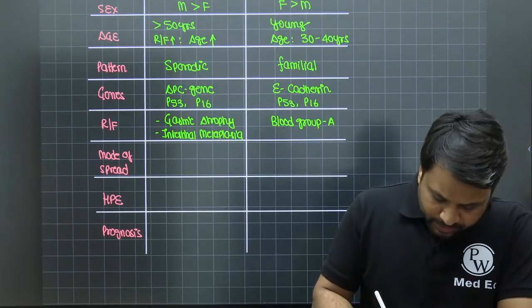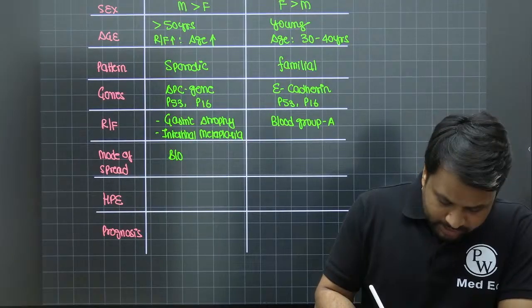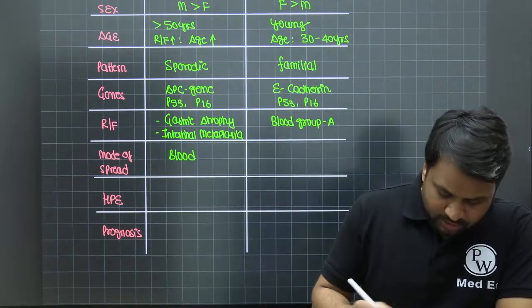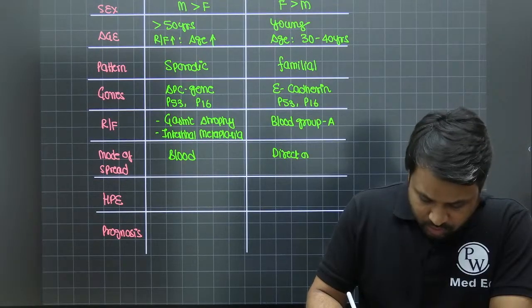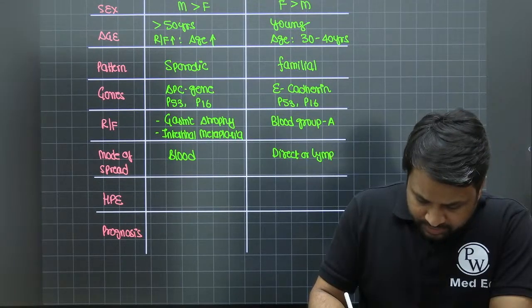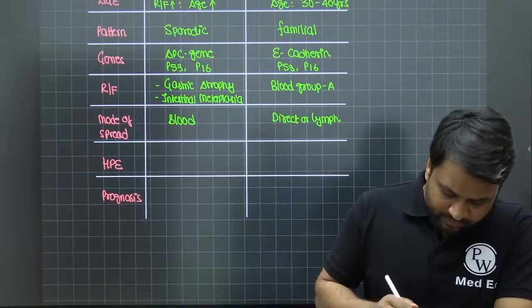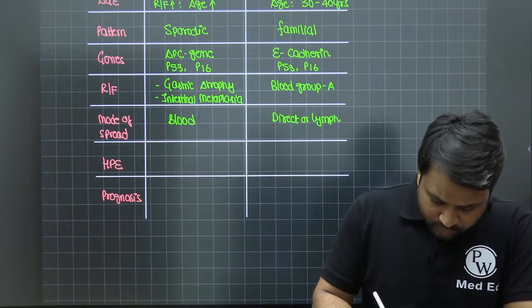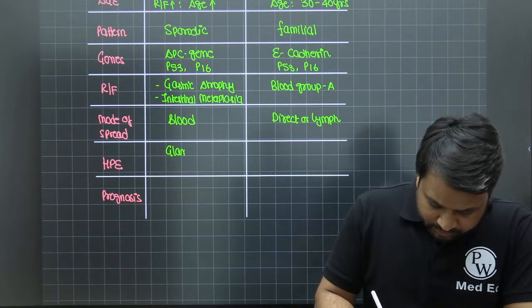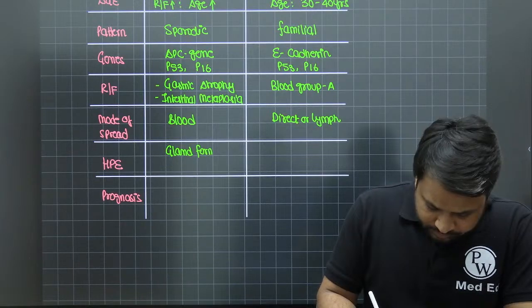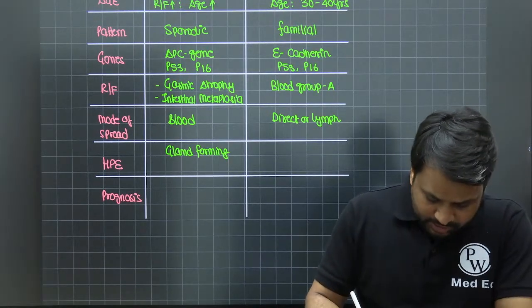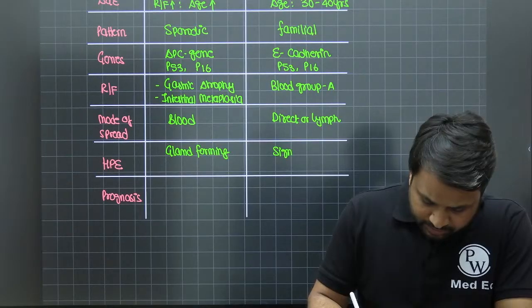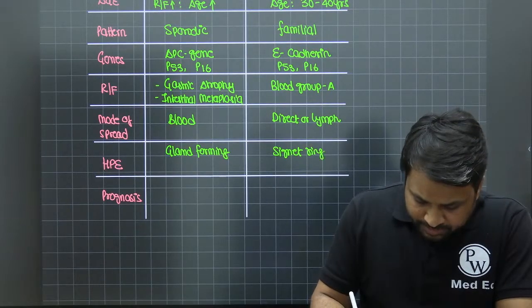The mode of spread for your intestinal variety is going to be hematogenous, that is blood, whereas the diffuse variety is going to be direct or via lymphatics. The histopathology for this is going to be gland forming, whereas here it is going to be the signet ring variety.